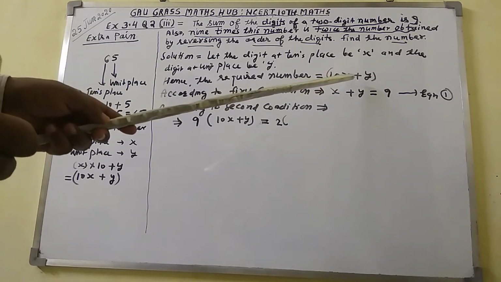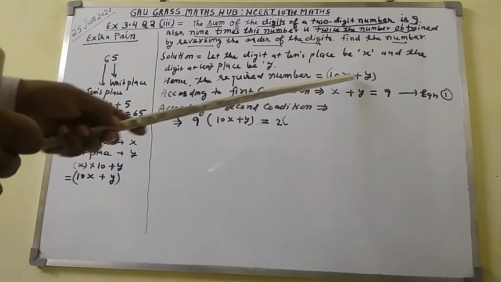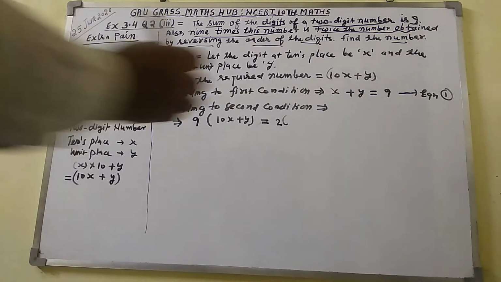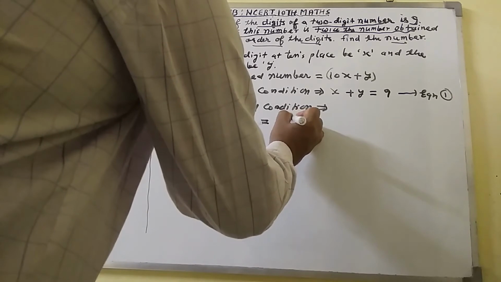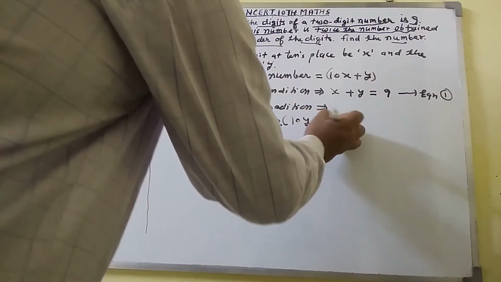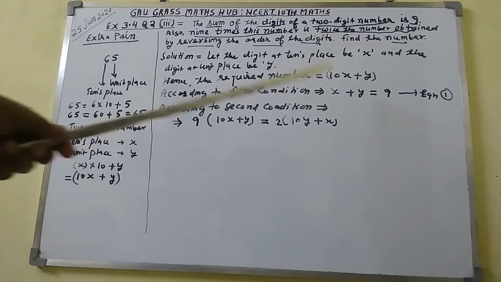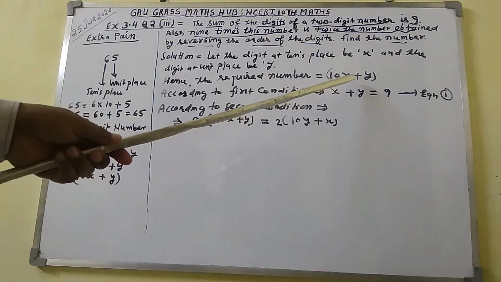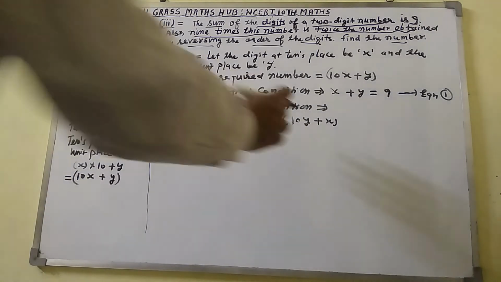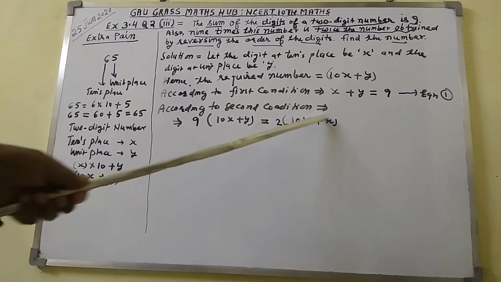This means that in place of y you will put x and in place of x you will put y. On reversal it will become 10y plus x. Now both digits x and y have been reversed mutually. The new number will be 10y plus x.